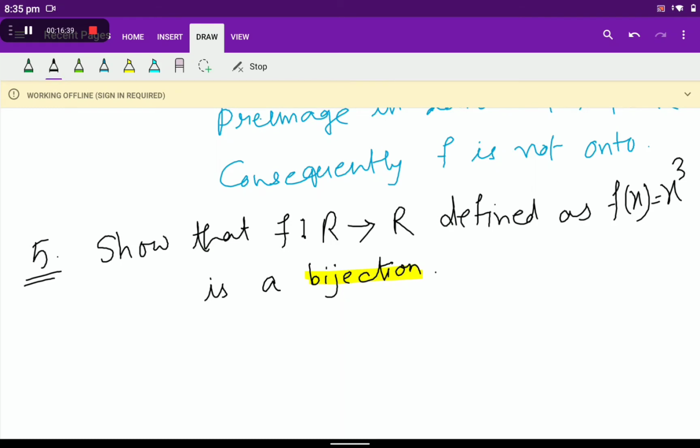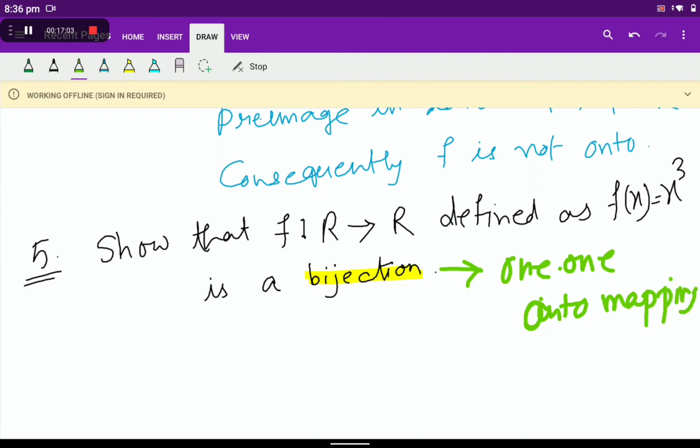Bijection is nothing but 1-1 and onto mapping. So if a function is both 1-1 mapping and onto mapping, then we can call the function a bijection mapping or bijection function.